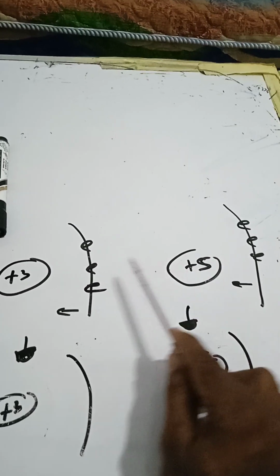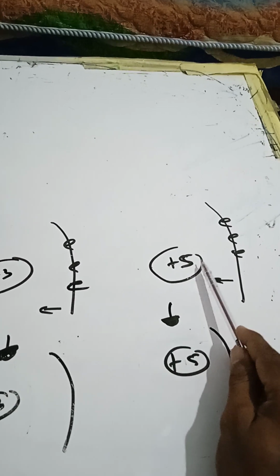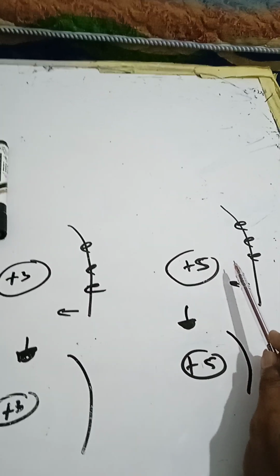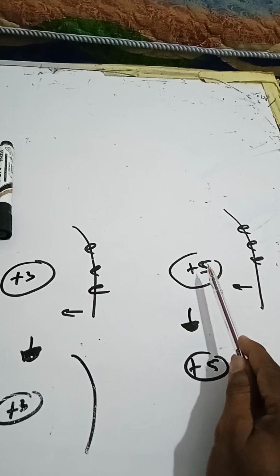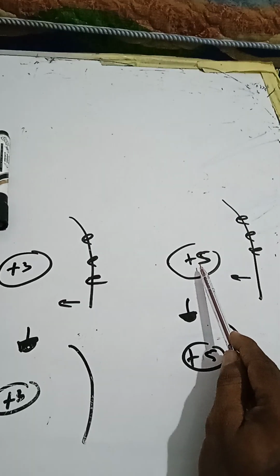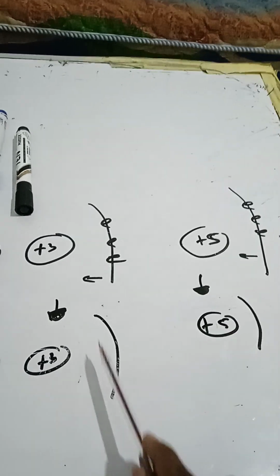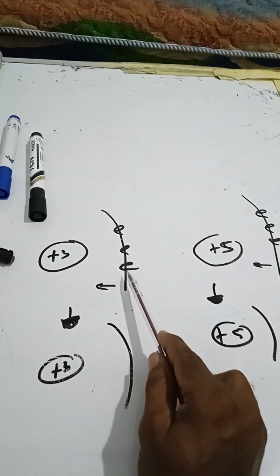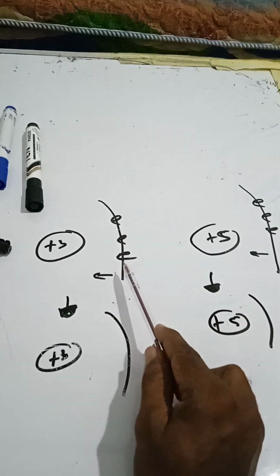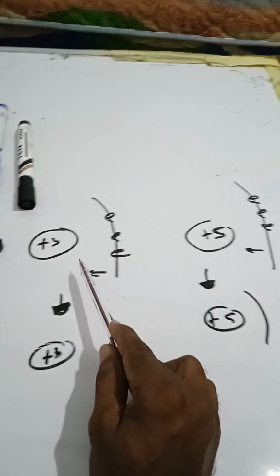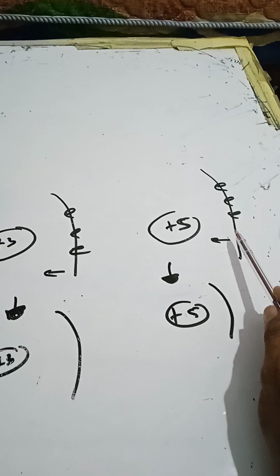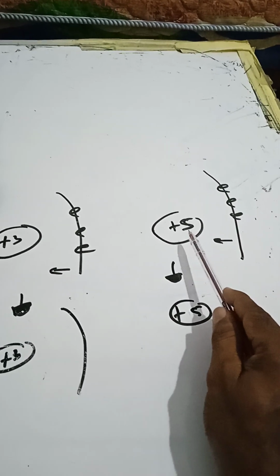Same number of electrons here and here, but this one has a greater attraction because more protons are there. So finally, what happens? This electron cloud shifts a little towards the nucleus, but this cloud of electrons shifts more towards the nucleus.